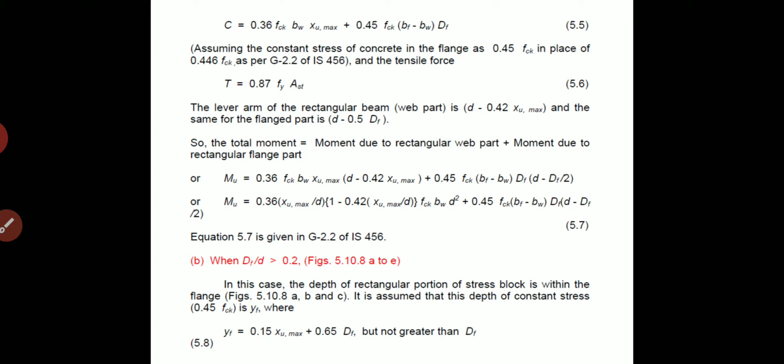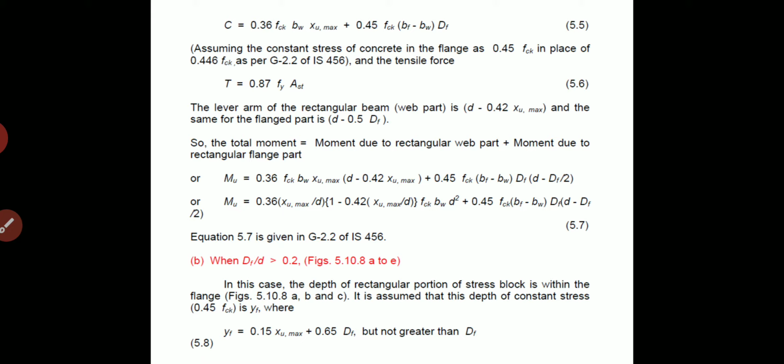Assuming the constant stress of concrete in the flange as 0.45 fck in place of 0.446 fck as per Indian Standard Code 456/2000, the tensile force T equals 0.87 Fy Ast.